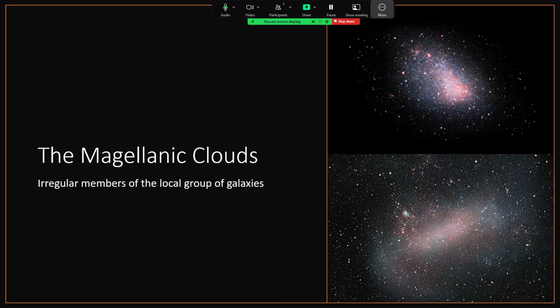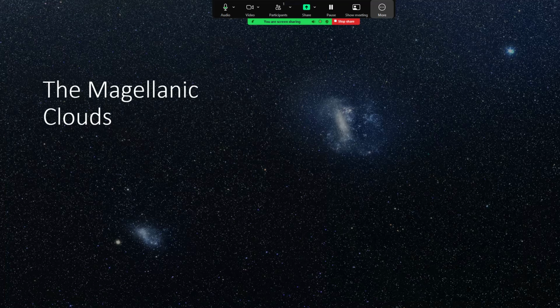And they are irregular galaxies, although there's some evidence to show that the LMC at the bottom there might once have been formed with a spiral structure and a bar across the middle. You can just see a hint of that in the image. Here they are again, a lovely picture of the two of them separated against the background of stars there.